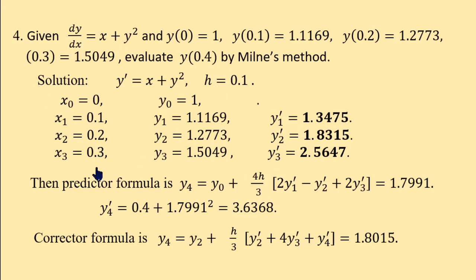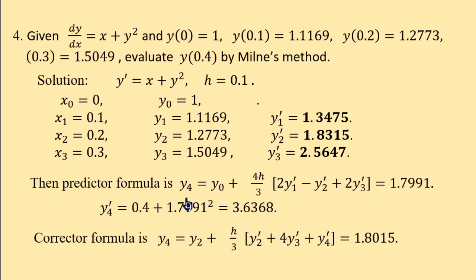I'll repeat this once again. So what to do? First write x1, x2, x3, y1, y2, y3 and substitute these in y dash. Find y1 dash, y2 dash, y3 dash and substitute these in the predictor formula to find y4: y0 plus 4h by 3, 2y1 dash minus y2 dash plus 2y3 dash, and simplify this.